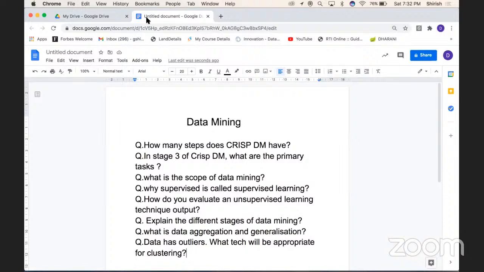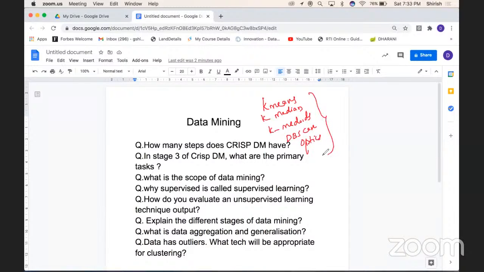Okay, so we always say that you have many clustering techniques. You have k-means, k-median, k-medoids, DBSCAN, OPTICS. Many are there, right? Which approach would you choose if your data has outliers? I have given the options. Now tell me.